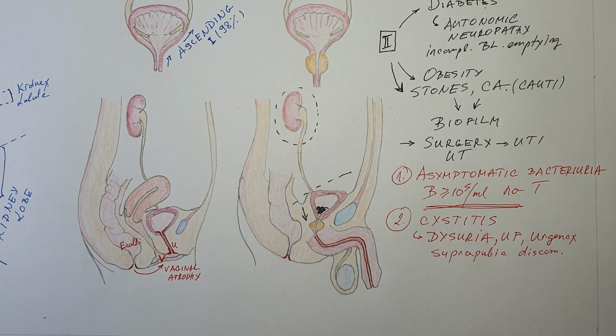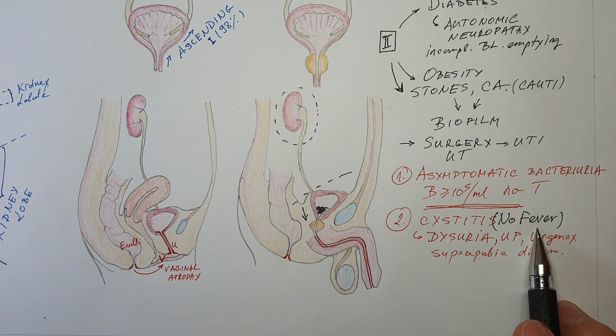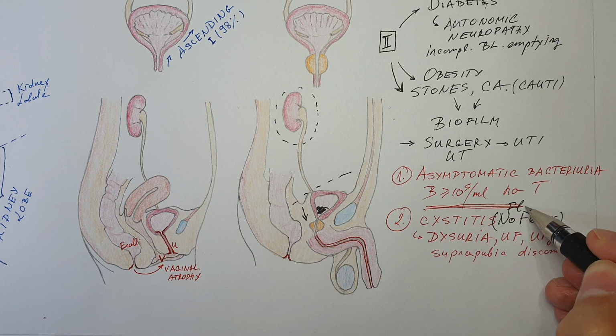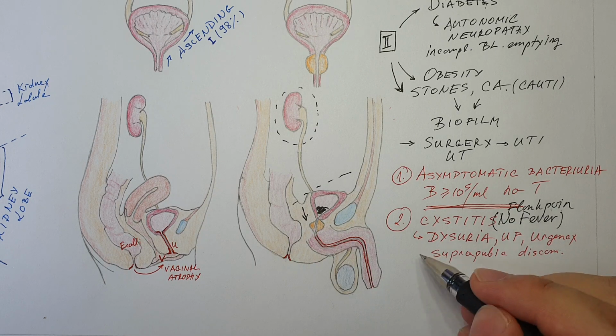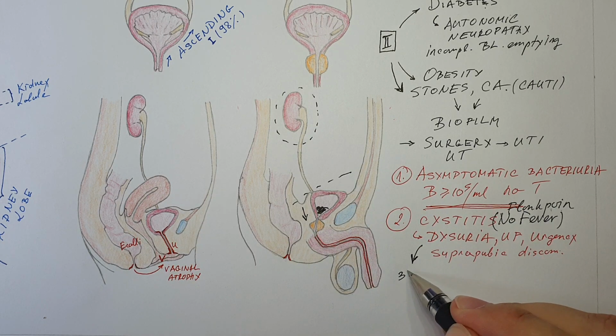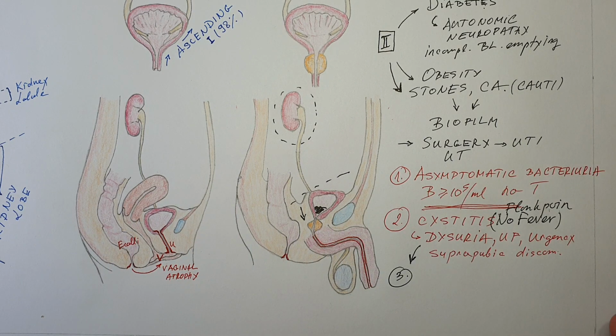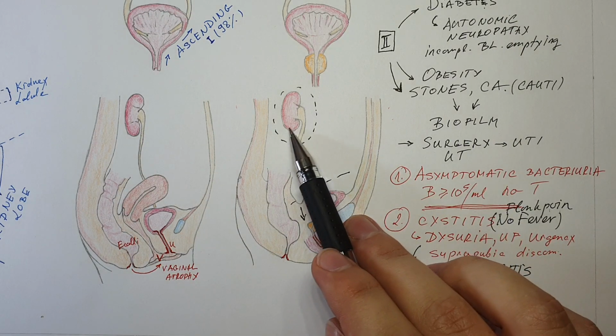The take-home message is that the patients that have cystitis have no fever. They will not present with fever, and they will have no flank pain. If the patient has flank pain and fever, you need to think about pyelonephritis, which is basically an infection in the kidney area or of the kidney.